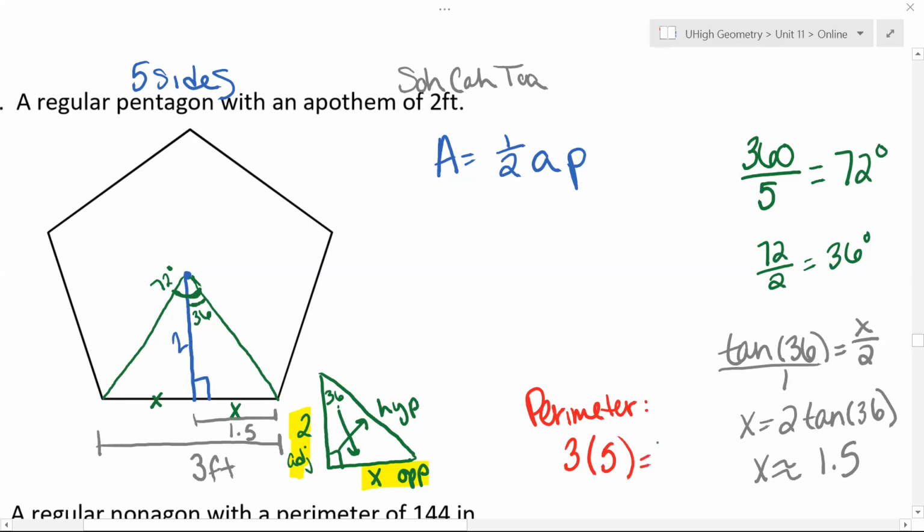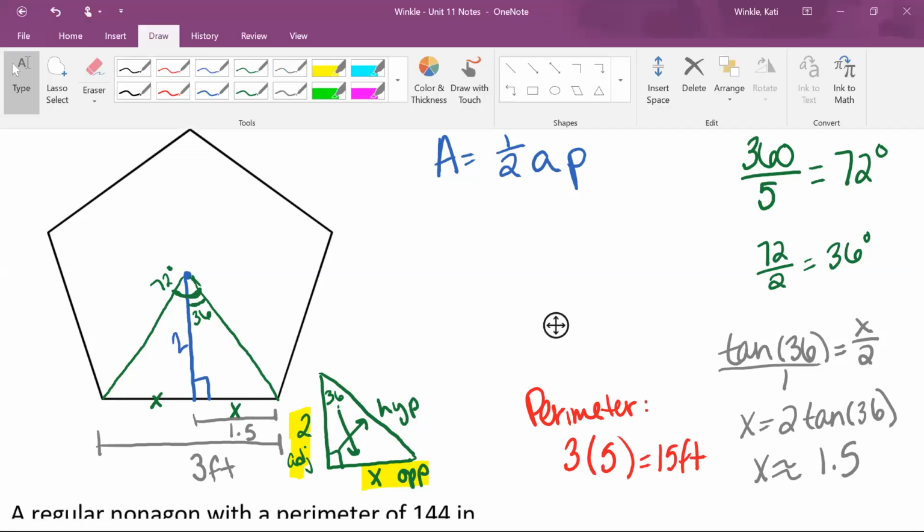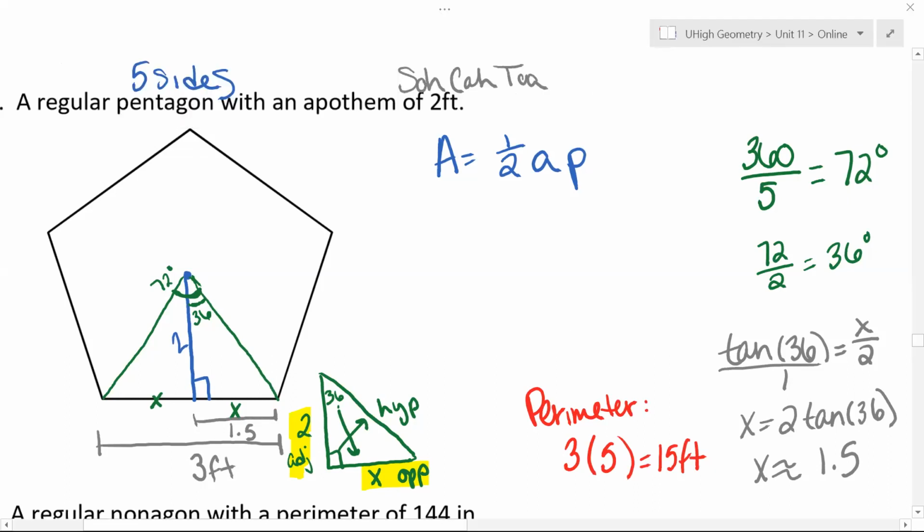So my perimeter is 15 feet. All right, so going back to my area, now I have my apothem and my perimeter. I can say the area is 1/2 times 2 times 15. So my area is 15 feet squared.